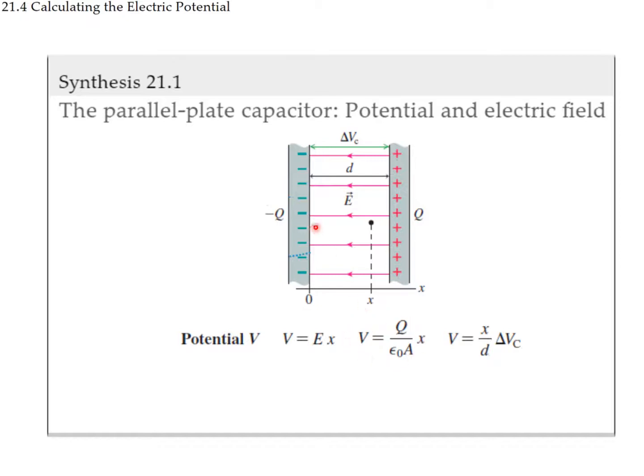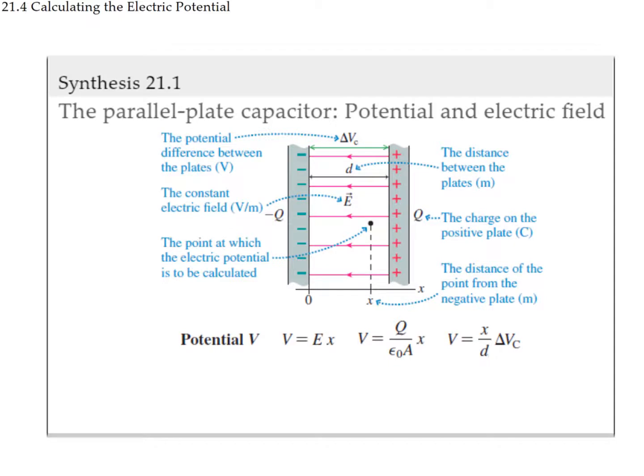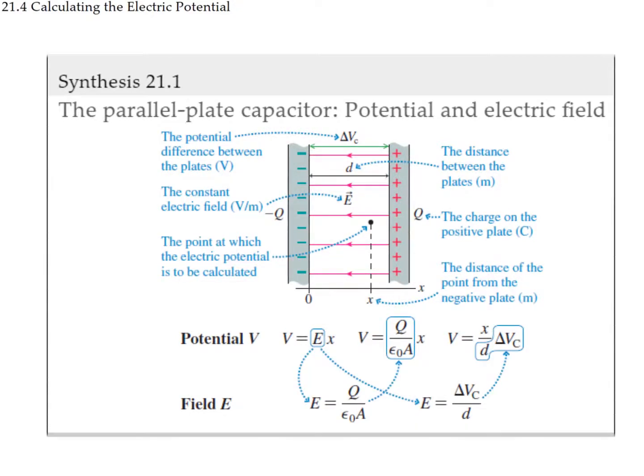Or if we know the voltage between the two plates, then we can just use that and multiply times x over d. Because if we set x equal to d here, that's going to give you the full difference in electric potential. So the electric field is given by this, or it can be obtained this way.